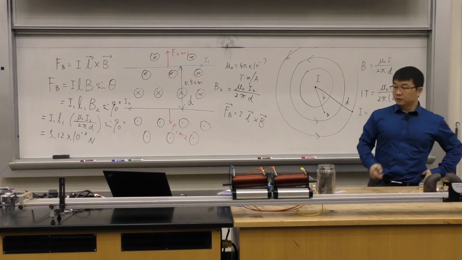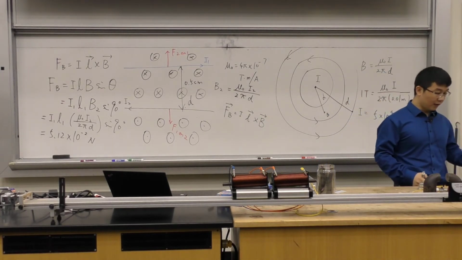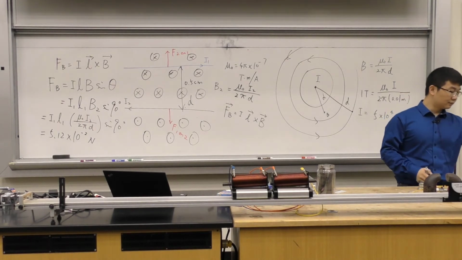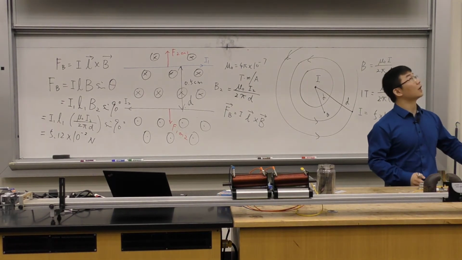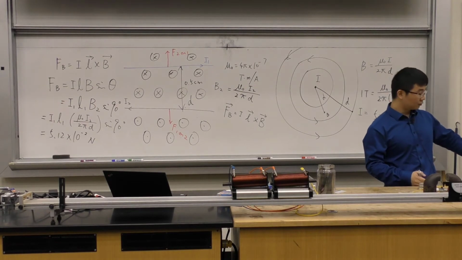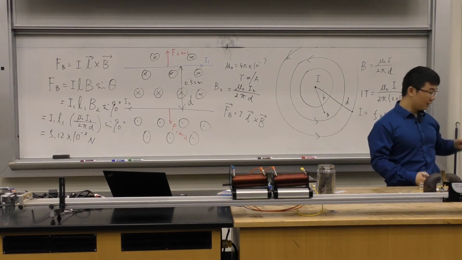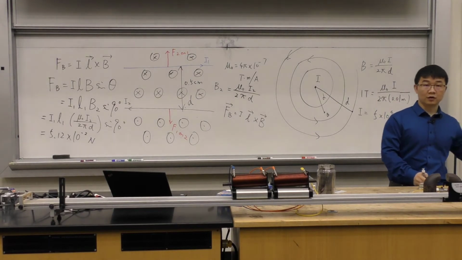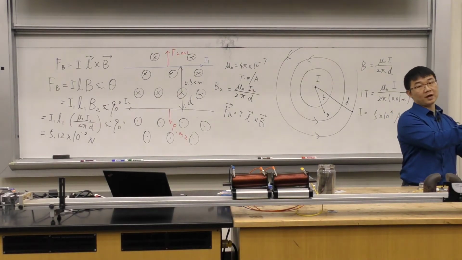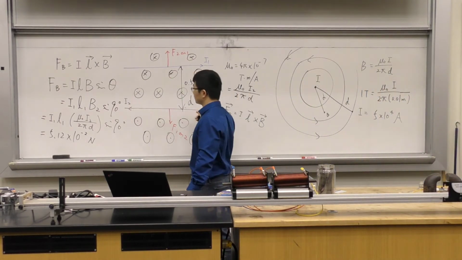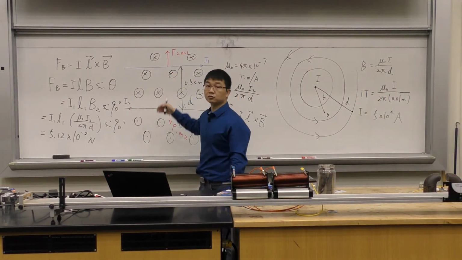What we have here is a voltage source, and I have one wire. I actually have only one wire, but it goes up and then turns around and goes down again back to the negative. So I can consider these two as two parallel wires. They're carrying the same current but in opposite directions.